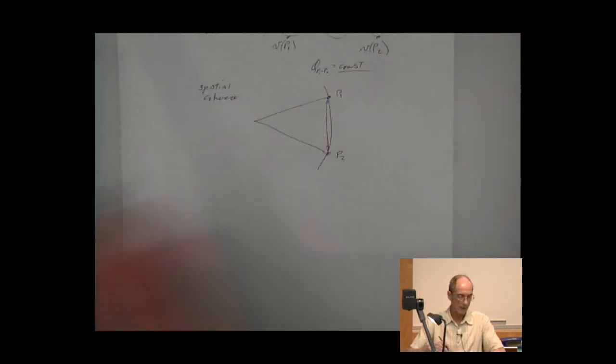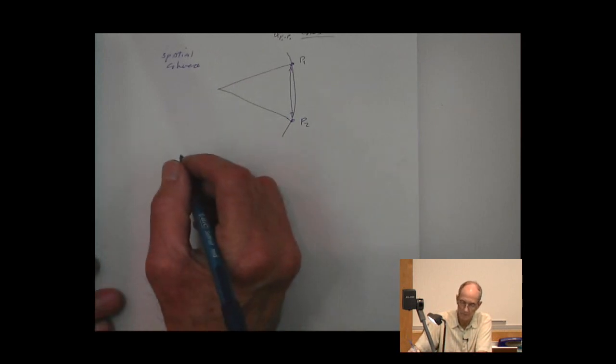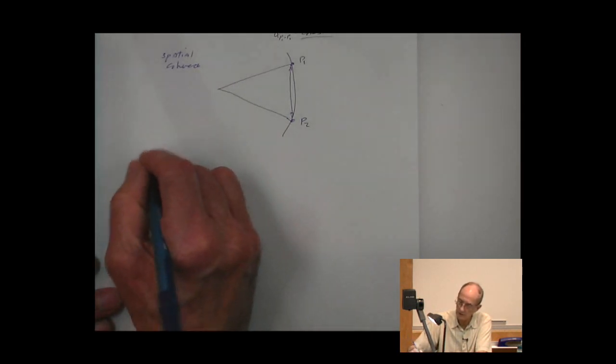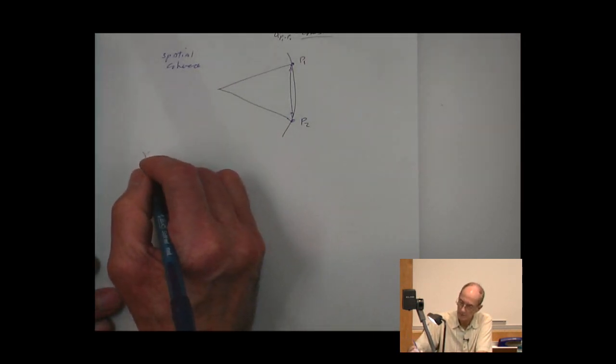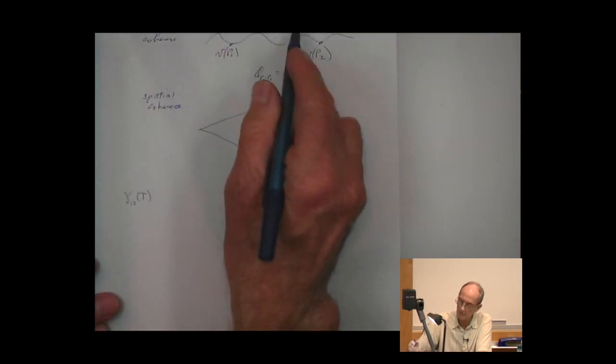Okay, and so we developed a term for quantifying this that we call the complex degree of coherence function, which is kind of a correlation between these two points. So we have gamma 12 of tau, the coherence time.